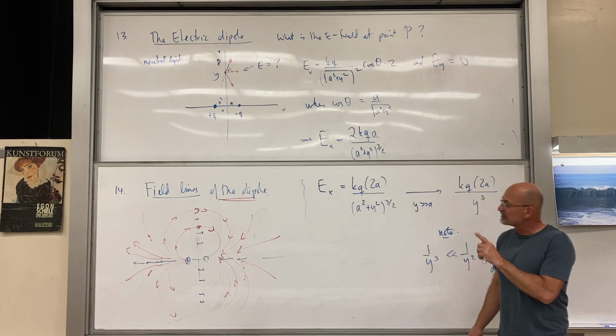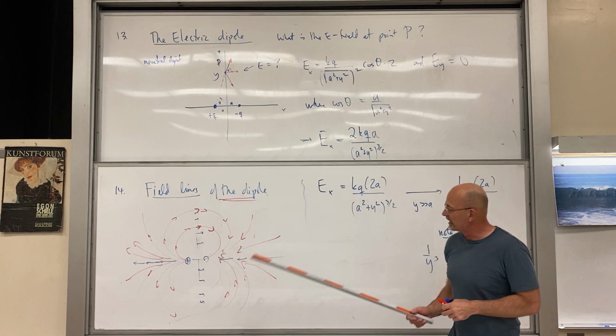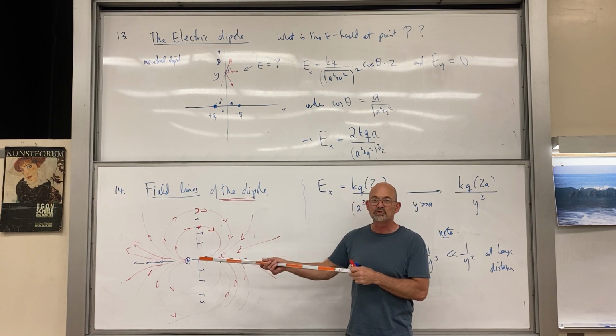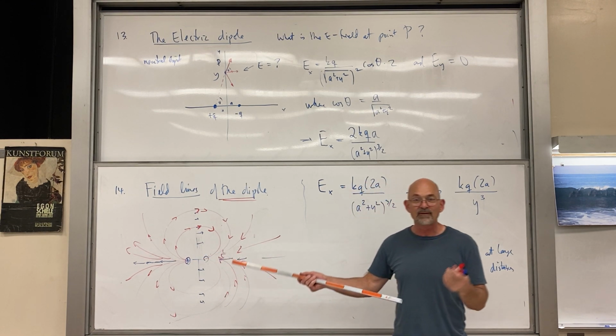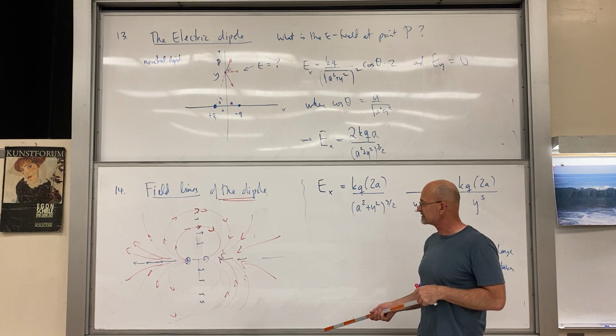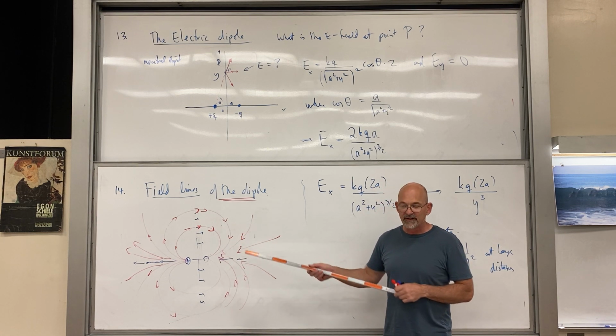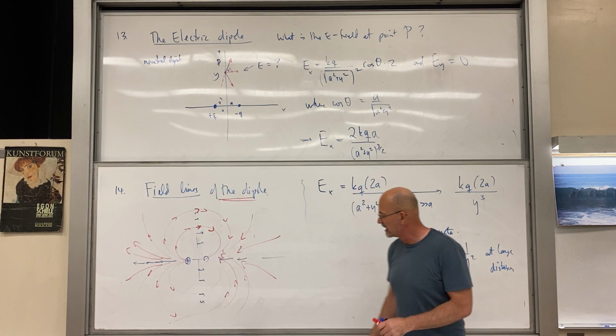So after this, we see we have a lot of work to just construct field lines with two charges, and you could ask yourself, what if you have a whole lot of charges? It turns out if you have a whole lot of charges, you can get very simplified field situations.